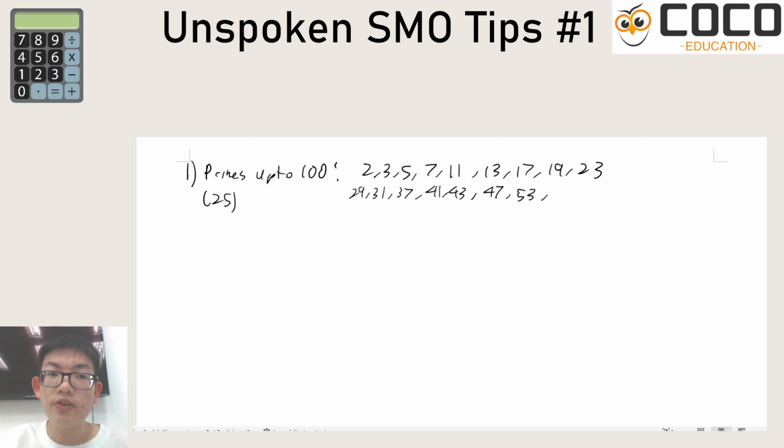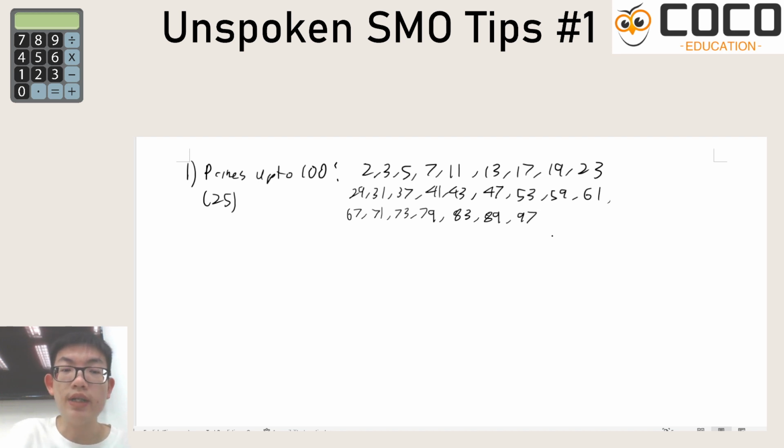So you see that we are only at 50 and we have already got to 17, and then there are not too many in the second half. So these are your primes up to 100. There are 25 of them.